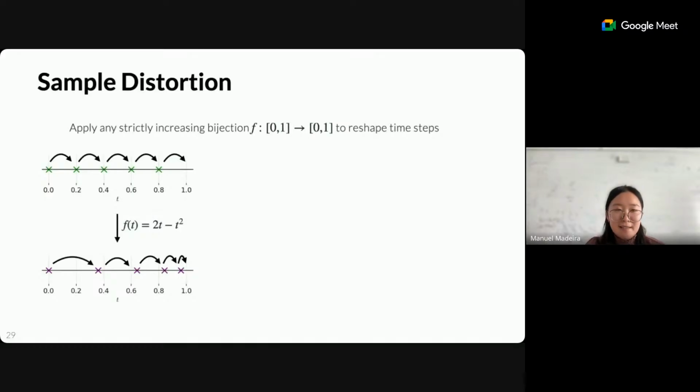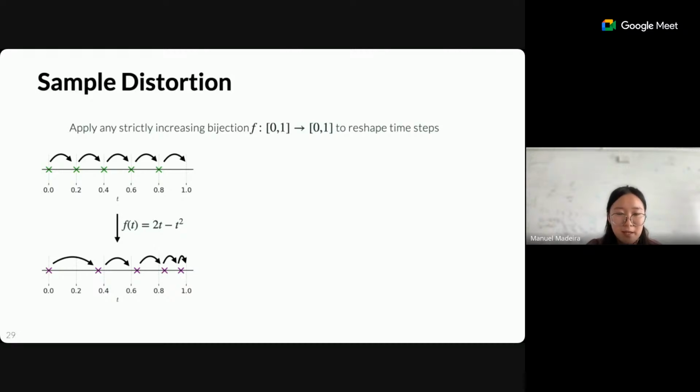So let's start with the sample distortion. If we consider the generation process, for example, if we are generating a graph with 5 steps, typically people will use equal intervals during inference. That means for every step, I will move on by 0.2. However, we can actually apply any strictly increasing bijection function f from 0 to 1 to reshape this step.